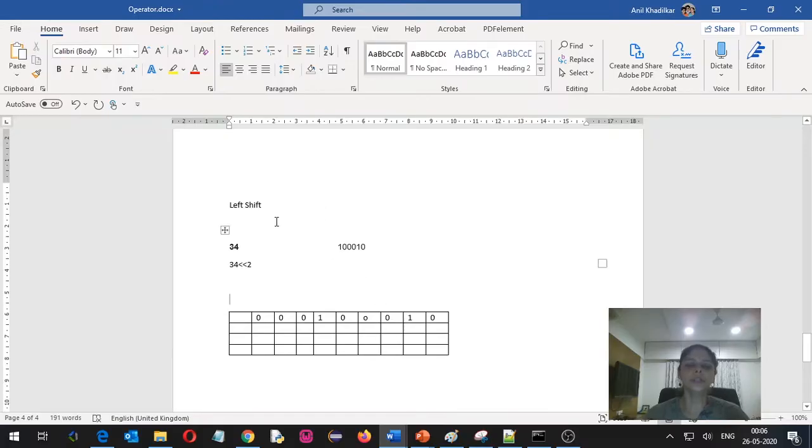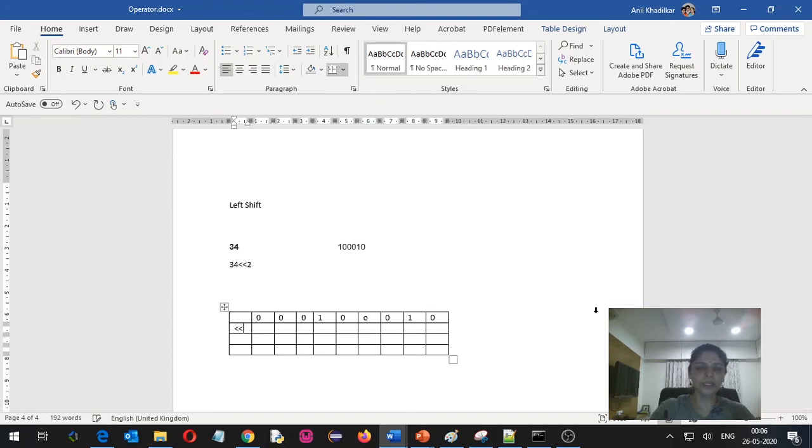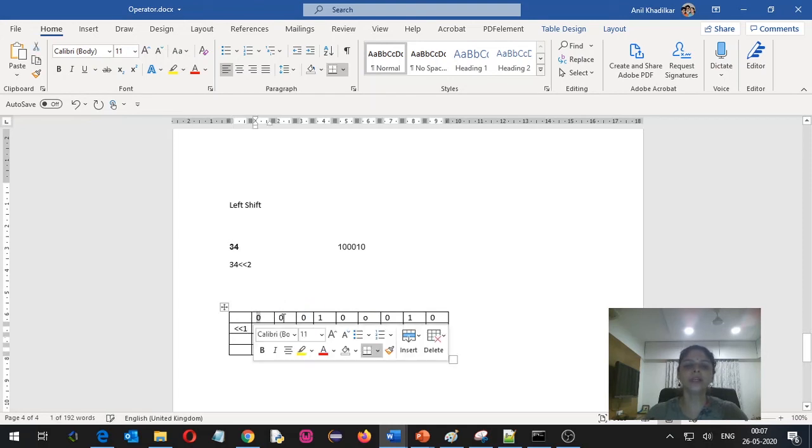If you want to see left shift, we are using the number 34, and this is its binary representation. If I am using left shift 1, in the left shift operation every bit will get shifted one location to the left hand side. The leftmost 0 will go away, and this 0 will get shifted one location to the left.